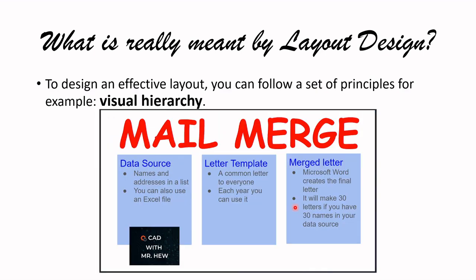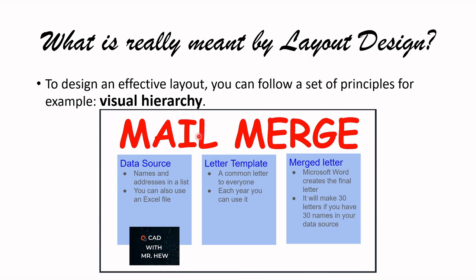All right. So the next thing we're going to look at is the visual hierarchy example, which is a principle for effectively laying out your design, whether on a web page or a magazine or a calendar or advertisement. So can you guess what's the main element here? It would be the mail merge, right?